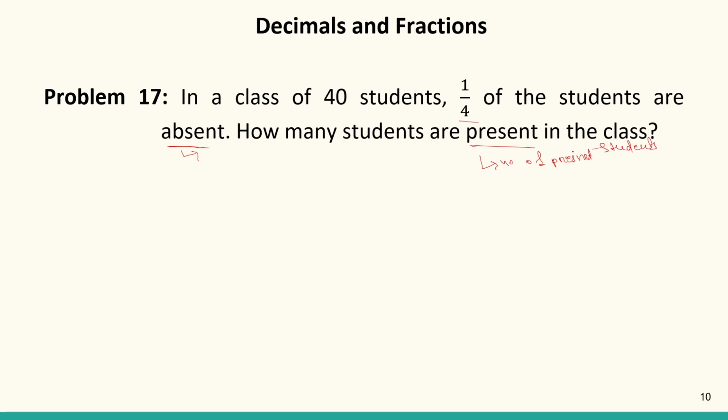So what we will do is take 1/4 of 40, which is 0.25 into 40, that is equal to 25. If we convert 1 by 4 into decimal, it will give us 0.25.